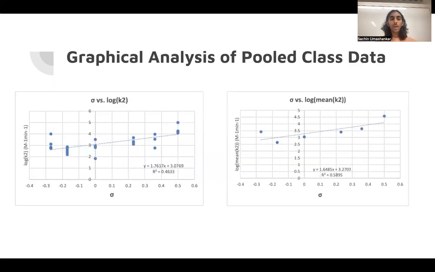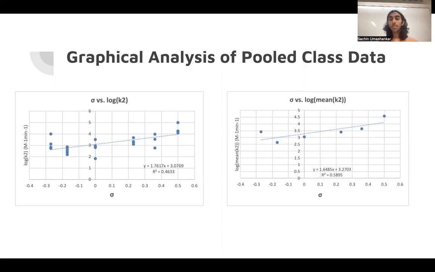So here we have graphs comparing sigma and log K2. This is one of the main goals of the experiment, to see if substituent has an effect on the rate of reaction. The sigma value corresponds to the substituent. Each of the 6 substituents has its own sigma value, and a larger sigma value indicates that the substituent is an electron withdrawing group, and a smaller one indicates that it's a donating group.